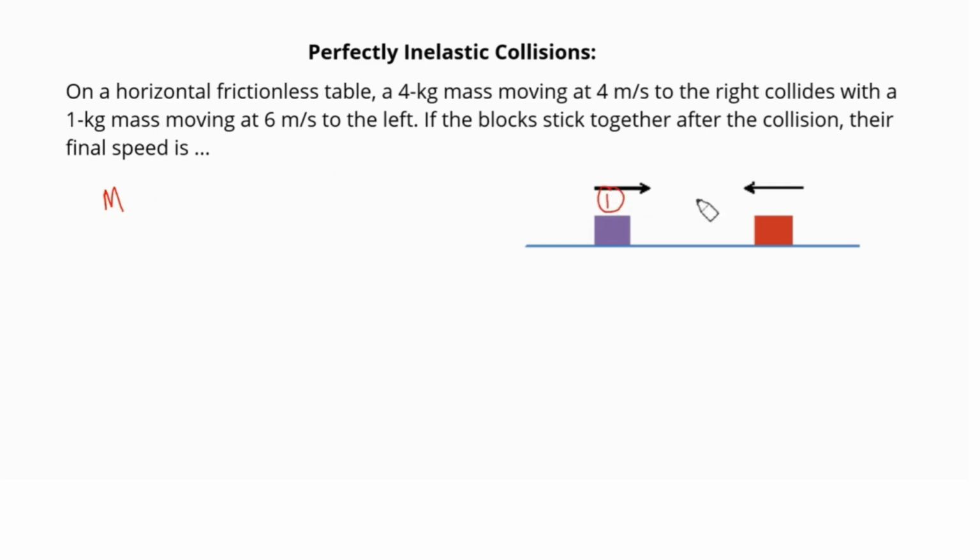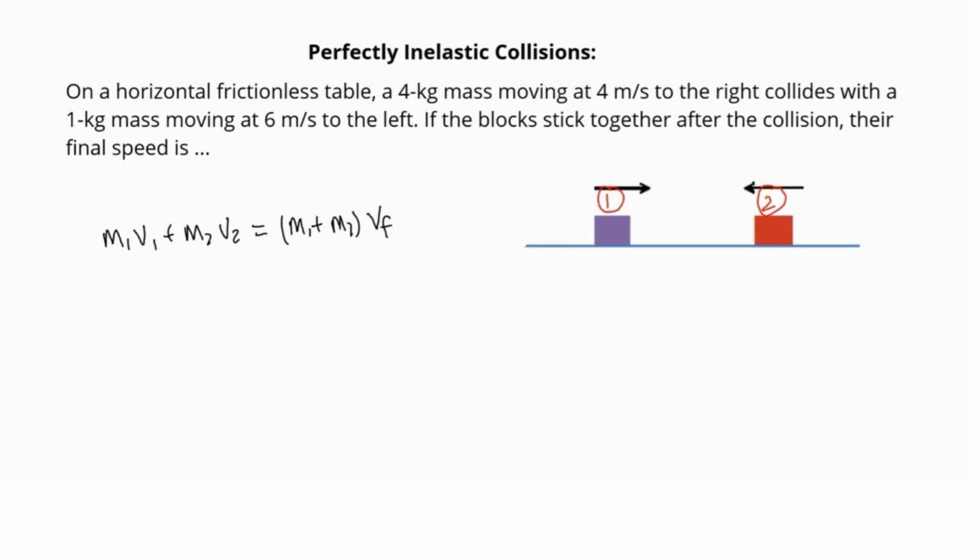I'll call this 1, call this 2. I'll go back to black ink, and so I have, I'm going to write it here, m1 v1 plus m2 v2 is equal to (m1 plus m2) times vf.